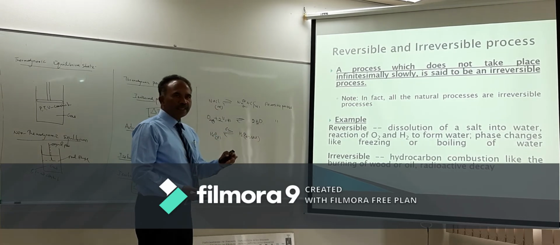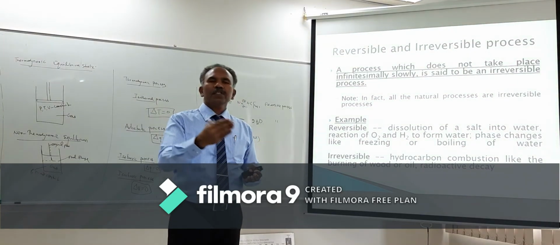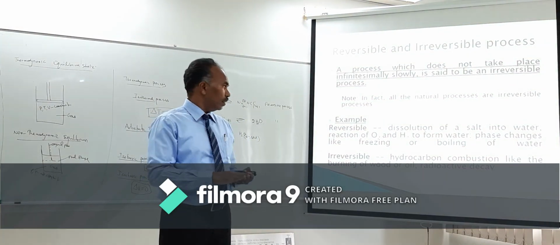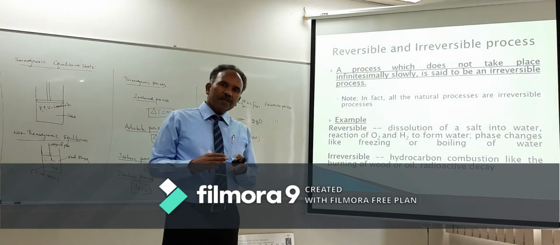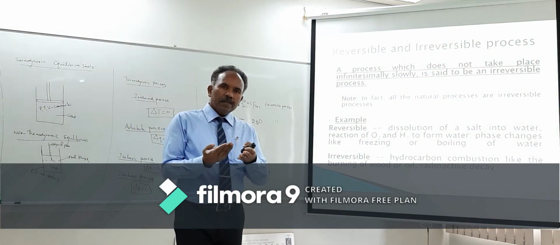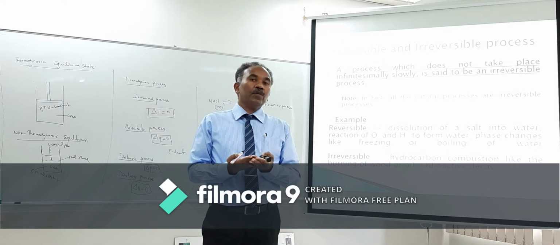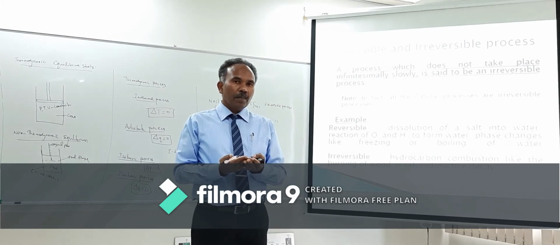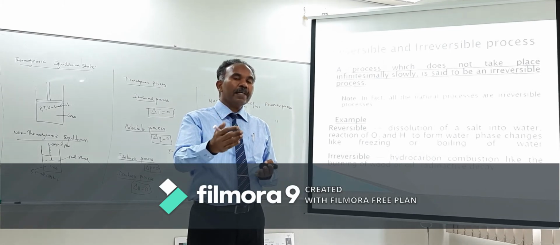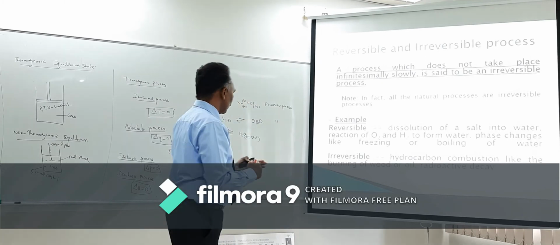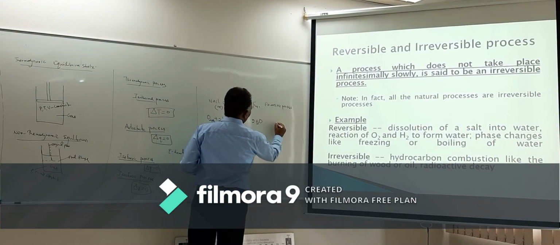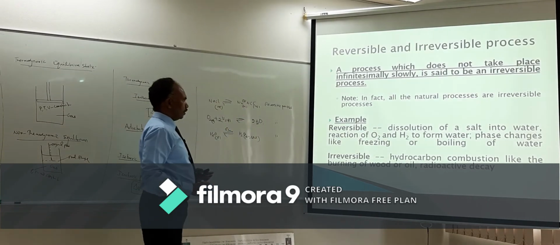When we change the temperature, again we can bring it back. So this is a reversible process. Likewise, when we heat water, the liquid form evaporates into gaseous form, but the component remains the same. Again, by changing the temperature, we can bring back the original state. They are all reversible processes.